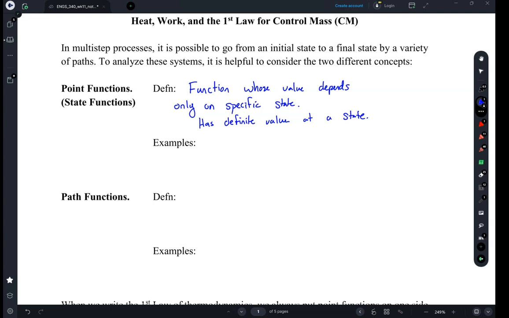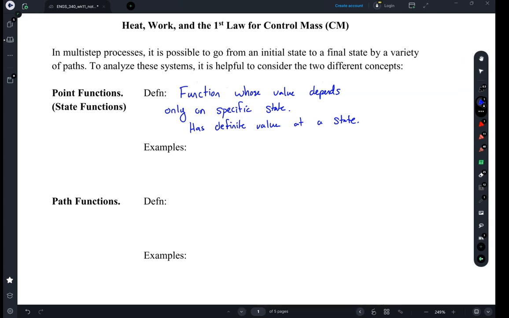This would be something in this class like density, where if you know, say, temperature and pressure and what specific fluid it is, you would know what the density is, and two things with the same temperature, pressure, made of the same material are going to have the same density. This would also be something like temperature, pressure. Neither of these depend on the history. You just need to know what they are, and it's the same.